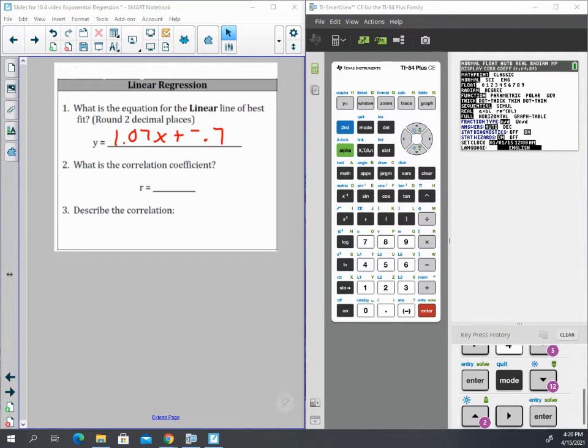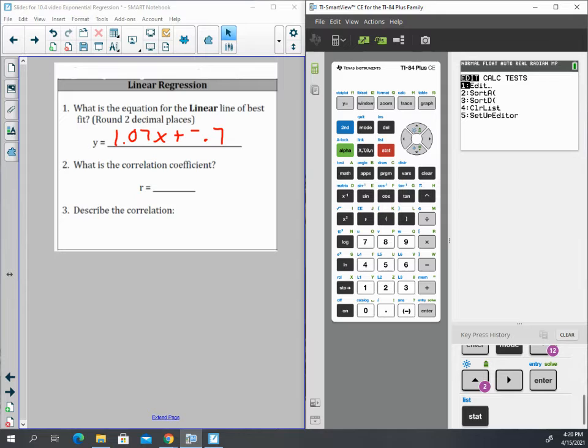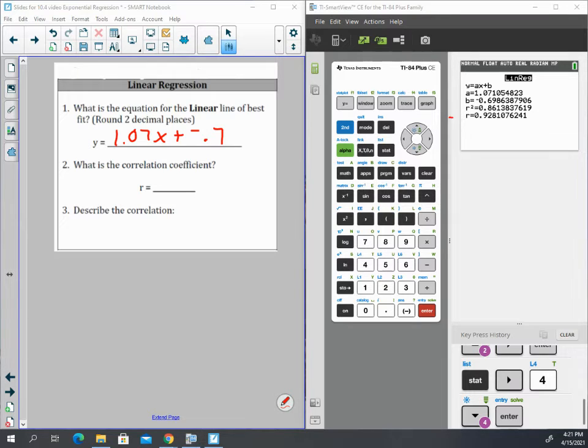We are going to go back to our statistics button. We're still going to look at our linear regression, what we've been doing. So come over to calculate, choose option 4, arrow down and hit enter. And here is our correlation coefficient, which is 0.9. You know what? This time I'm going to go farther, and I'll show you why in a little bit.